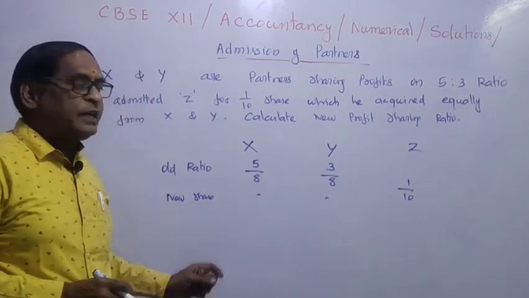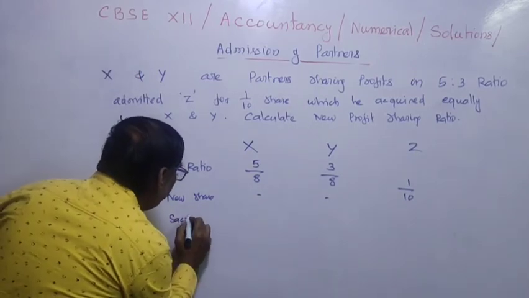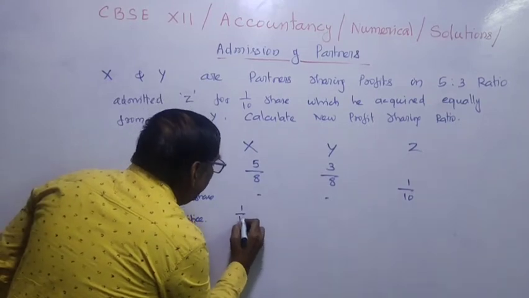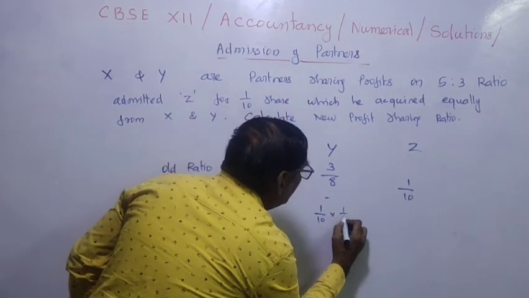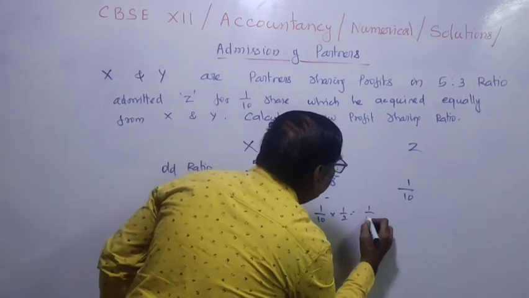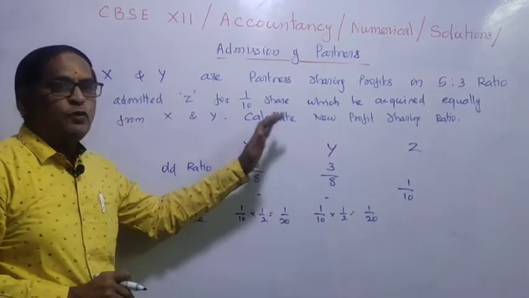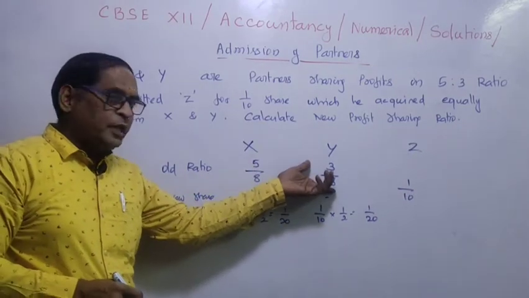So what is the sacrifice of X and Y? The sacrifice is 1 by 10 into 1 by 2, 1 by 10 into 1 by 2. That means 1 by 20, 1 by 20. So this is the sacrifice of partners X and Y. The previous share is 5 by 8, 3 by 8.